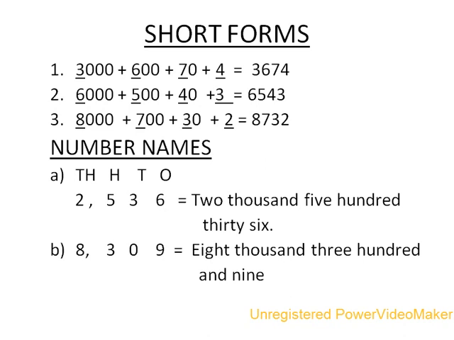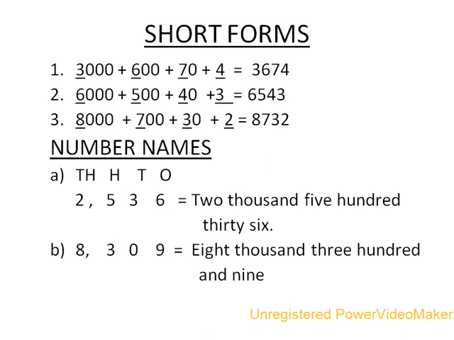See the examples. First, 3000 plus 600 plus 70 plus 4. Here in 3000 I have taken its initial number 3 at the 1000 place. Then 600, 6 will be taken as the initial number at the 100 place. Then 70, 7 will be taken as the initial number of it in the tens place.